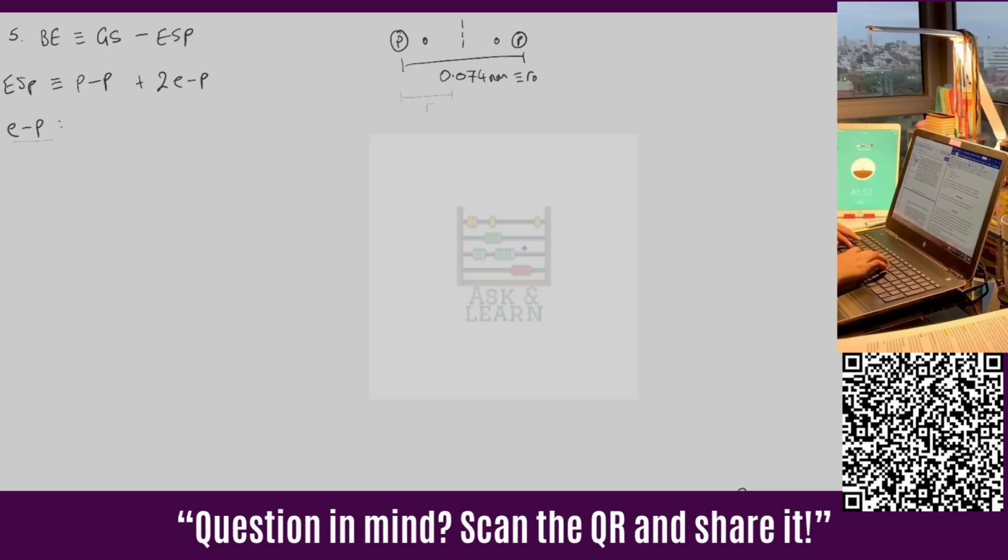The formula for electrostatic potential is given by the two charges over 4 pi epsilon naught, which is just some constant, and the radius between them.